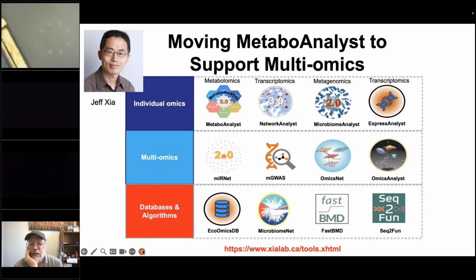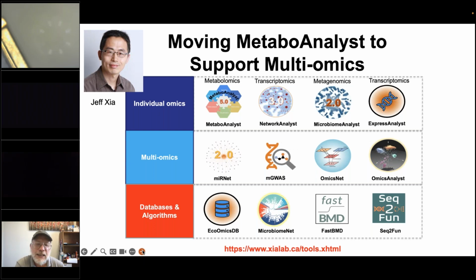Anyways, the student I had, Jeff Xia, went on to do a postdoc and started to do more multi-omics integration. He's now working at McGill University and continues to evolve MetaboAnalyst. He's now added INMEX into NetworkAnalyst for transcriptomics.